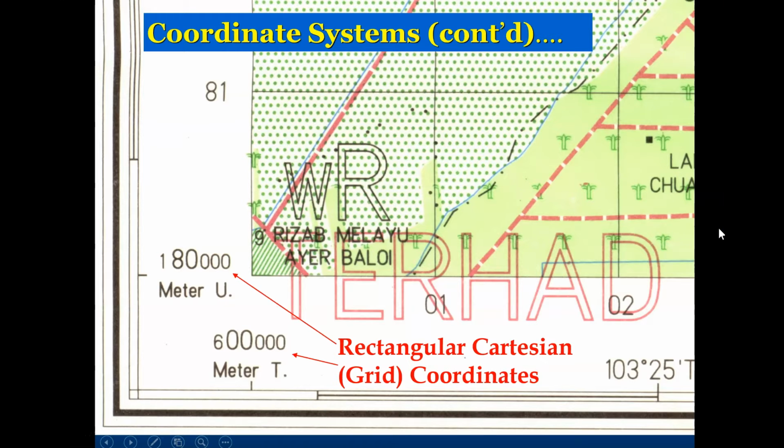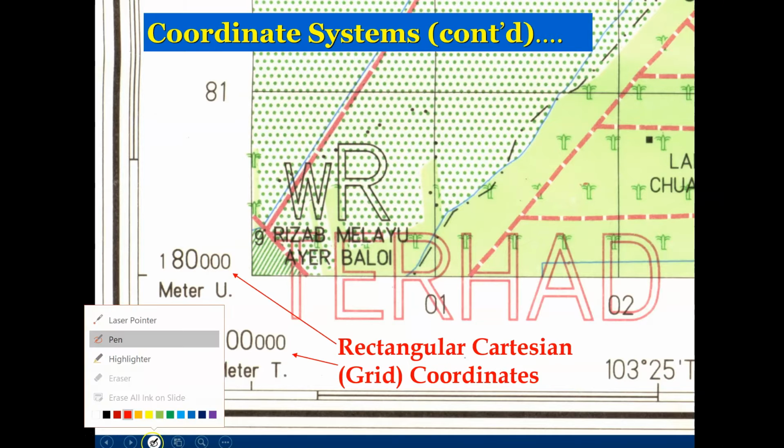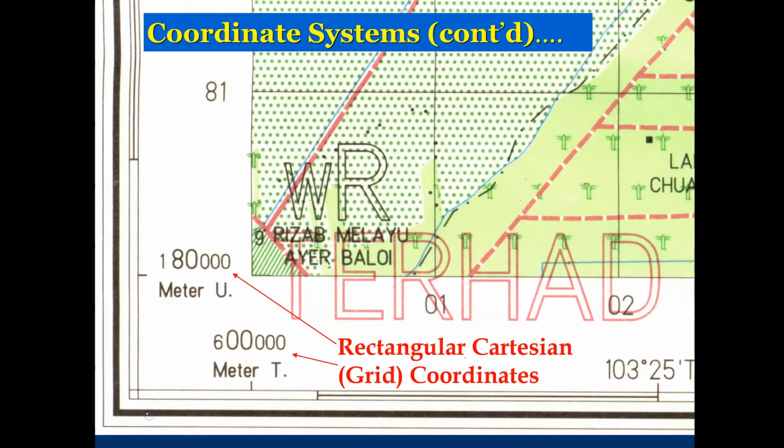Okay, now that's a scan image of a map, just to give an idea what we mean by a rectangular Cartesian coordinate.